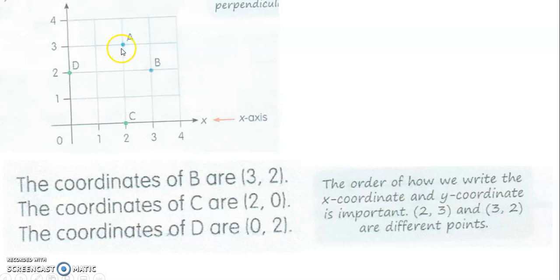It's the point A. But the point 3, 2 is 3 on the x-axis, 2 on the y-axis. We go along until we come to the point 2 on the y-axis, which is B. So these 2 points are totally different. Their positions are different.